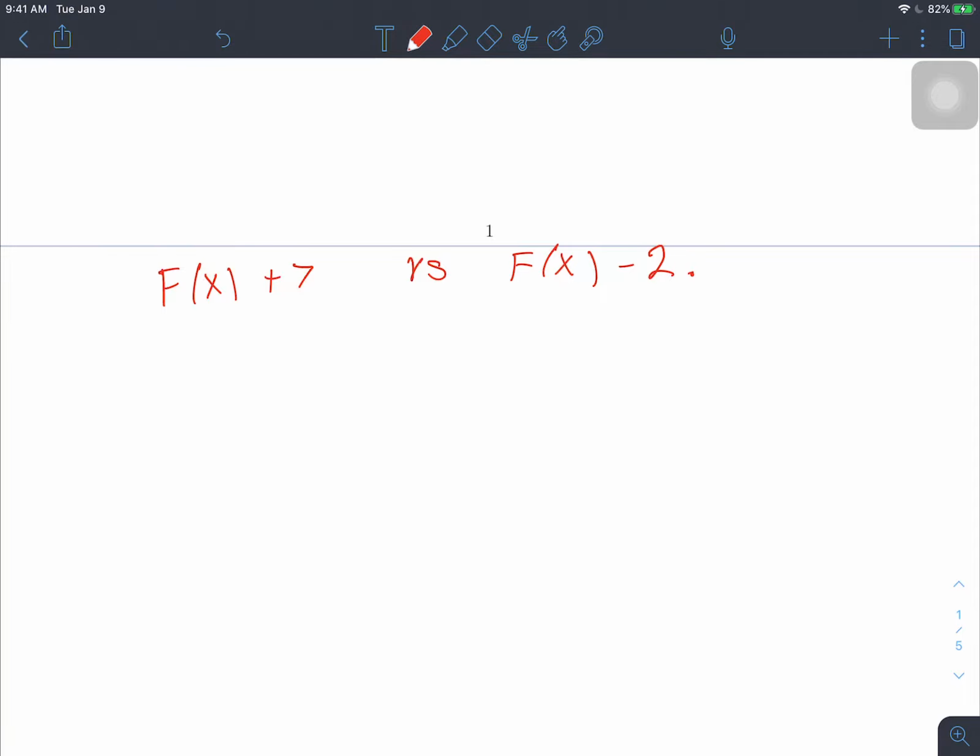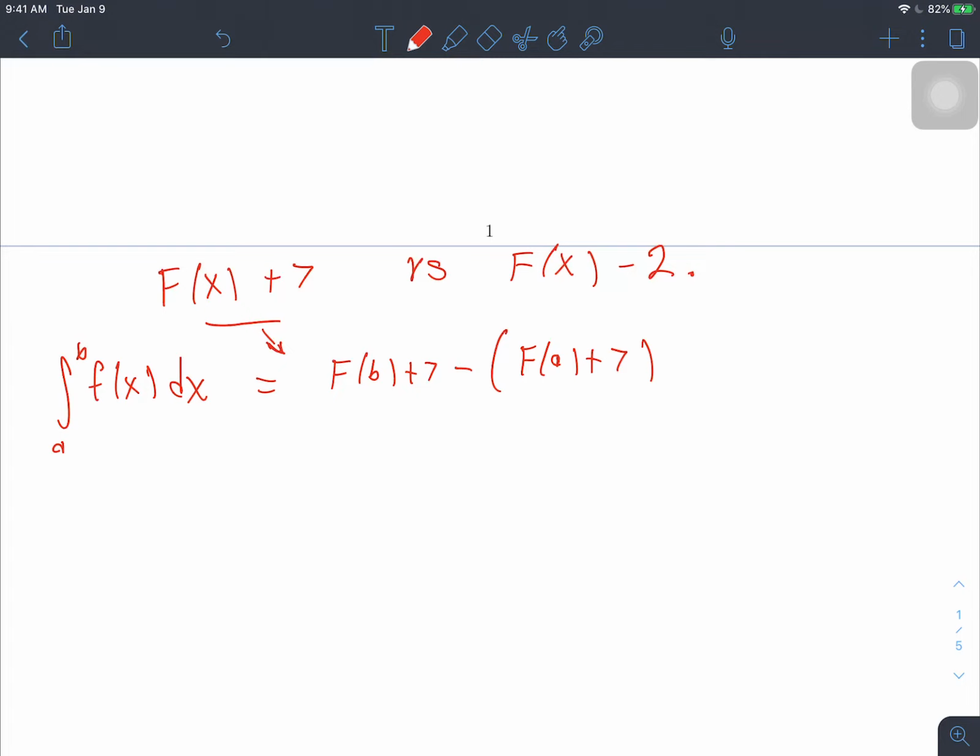Now, we want to do the integral from a to b of f of x. It's going to be equal to, let's do the first one first, capital F of b plus 7 minus, parentheses, capital F of a plus 7.